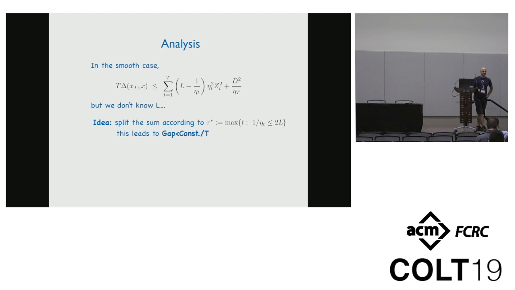We can talk about it later. The doubling trick, without knowing the smoothness. I didn't think about it. You can apply the doubling trick without knowing the smoothness. Okay, but you can adapt also to the variance. Okay, okay. I have to think about it. Okay. Thank you.